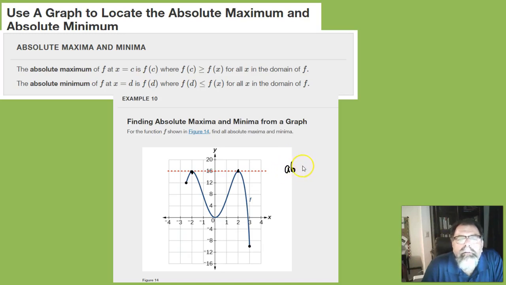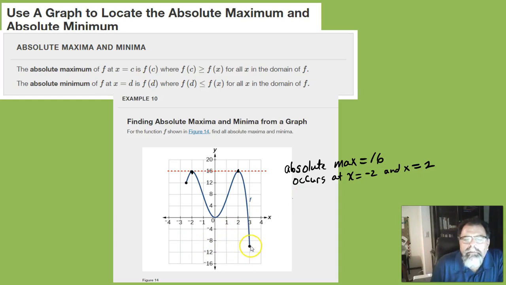So absolute max is equal to that y value, and it happens in two places, and occurs at x equals -2 and x equals 2. Okay, and now think about the floor, right?